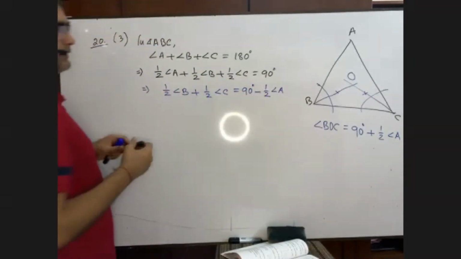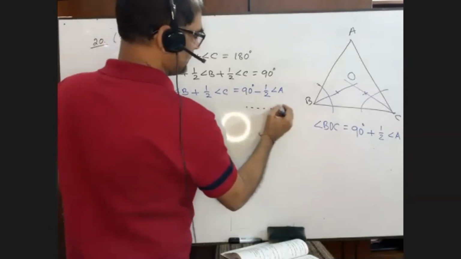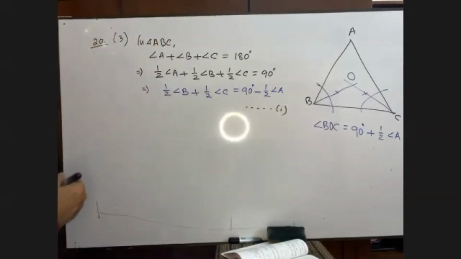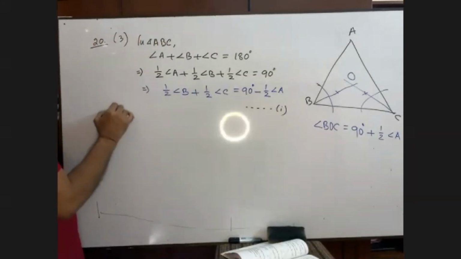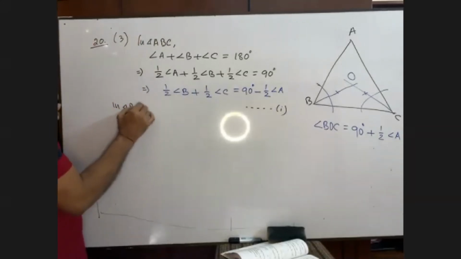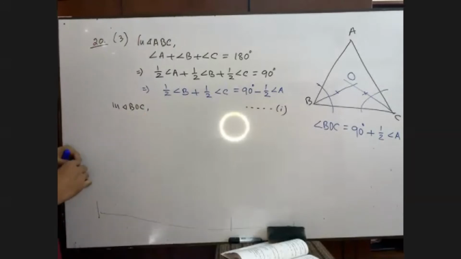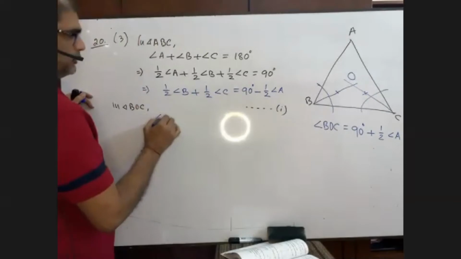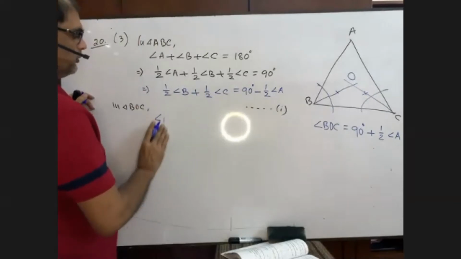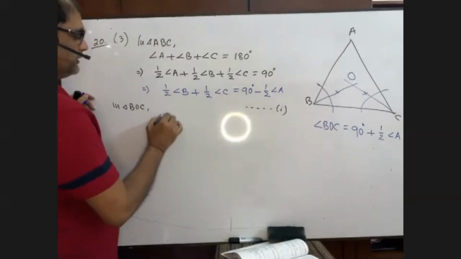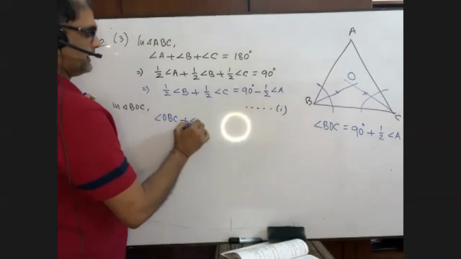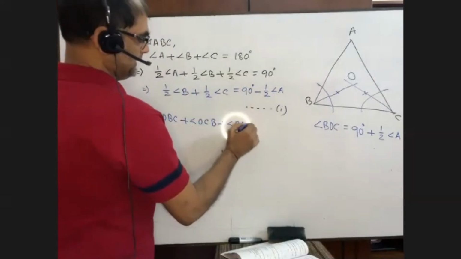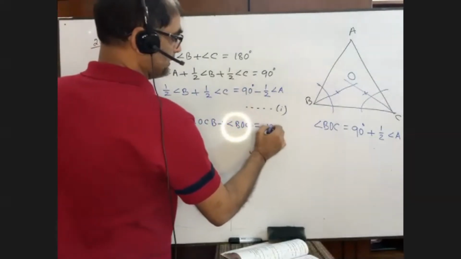Now, can we mark it as equation 1? Yes, sir. Now you write down in triangle BOC, what are the angles? Angle OBC plus angle OCB plus angle BOC is also equal to 180 degree.